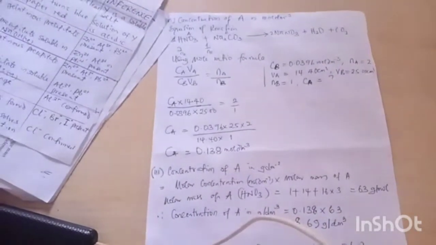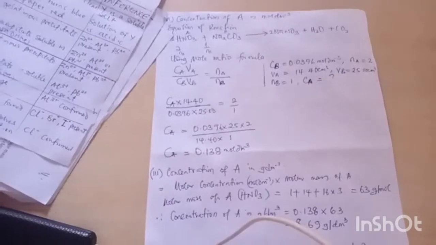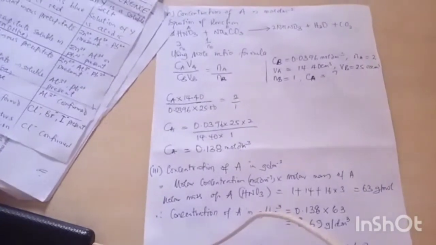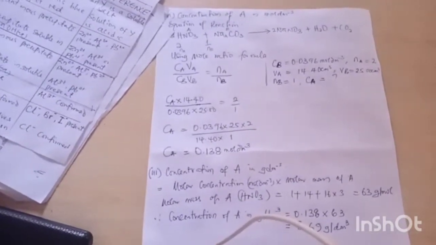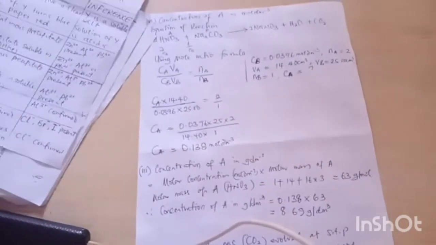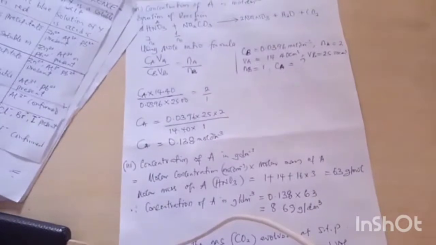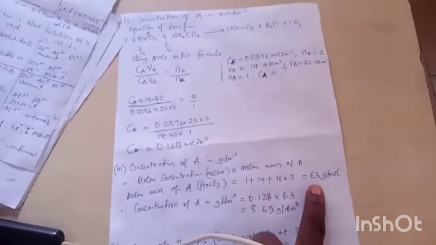Then the next question says concentration of A in g/dm³. The concentration of A in g/dm³, what we call mass concentration, is given by the molar concentration in mol/dm³ times the molar mass of A. The molar mass of A, of course, that is trioxonitrate(V) acid, is equal to 63 g/mol.